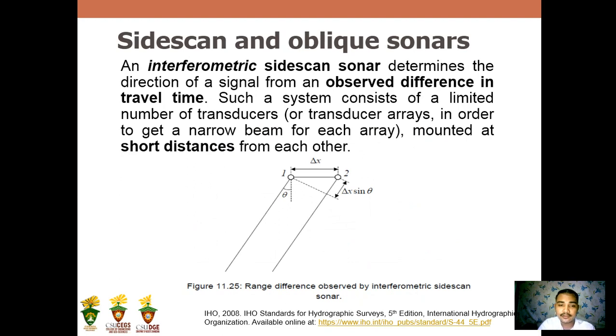An interferometric side scan sonar determines the direction of the signal from the observed difference in travel time, the same method as multi-beam and single beam: difference in travel time times the speed of sound in water. Such a system consists of a limited number of transducers, or transducer arrays, to get a narrow beam for each array mounted a short distance from each other.